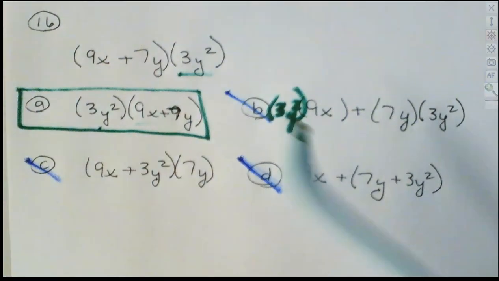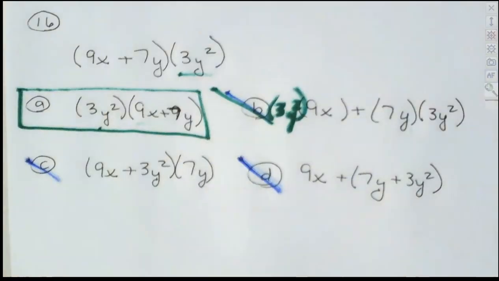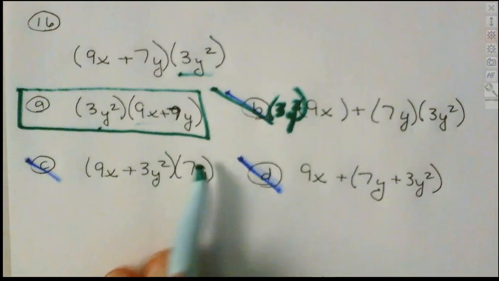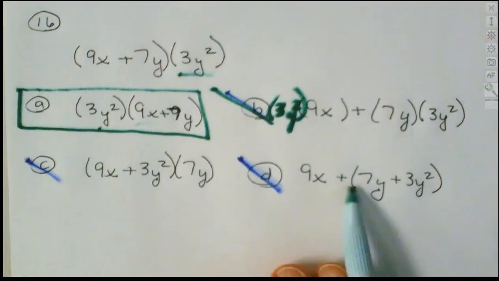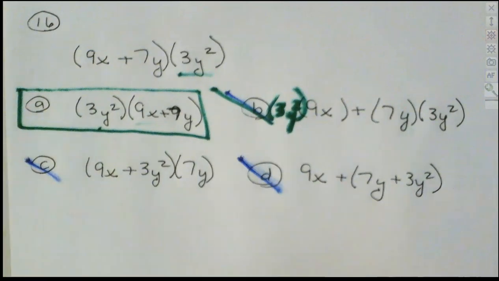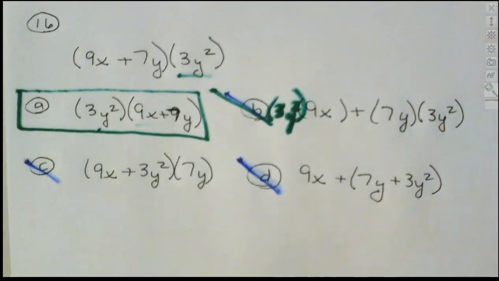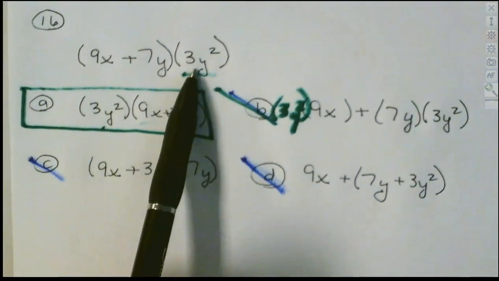But we don't, so that one is not the correct answer. That one, you can't switch inside and outside parentheses. And on this one, you can't regroup like that. So the only one that works is answer A, and that's because we can use the commutative property to switch that 3y squared to the front.